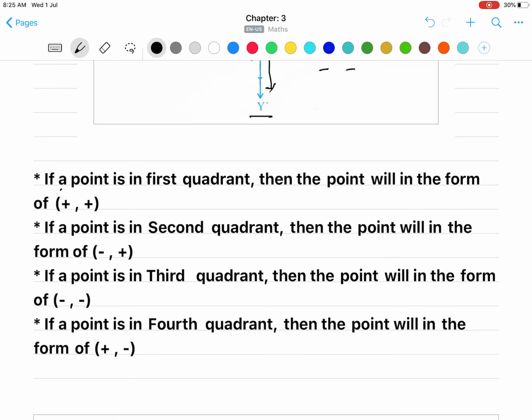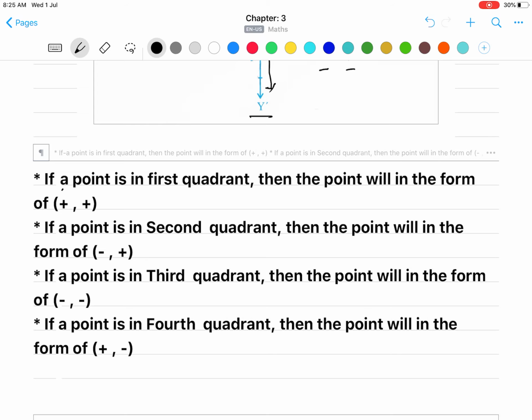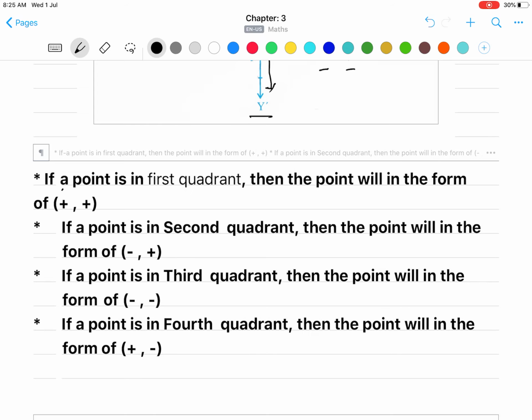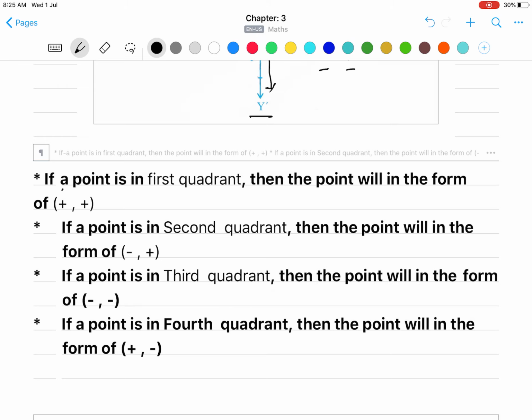If a point is in the first quadrant, the point will be in the form of plus and plus. Similarly, if a point is in the second quadrant, it will be in the form of minus and plus. If a point is in the third quadrant, it will be in the form of minus and minus. If the point is in the fourth quadrant, it will be in the form of plus and minus. So by just looking at the signs of the coordinates of a point, you can easily find out in which quadrant it must be lying.